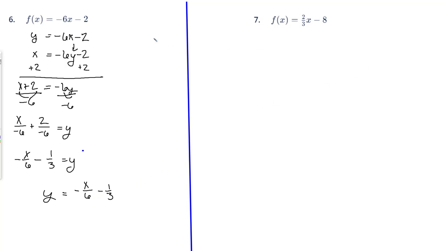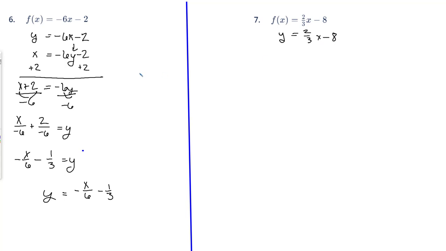On 7, what am I going to do first? This is the same thing as this.